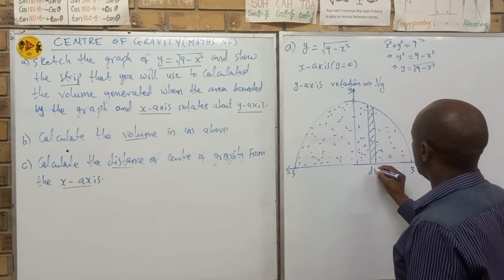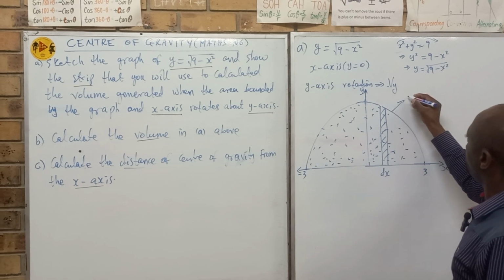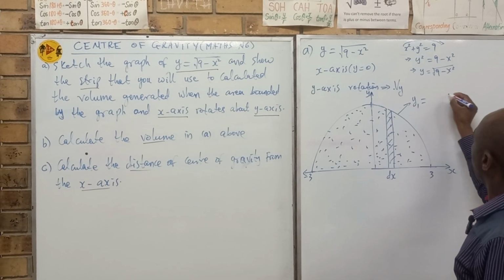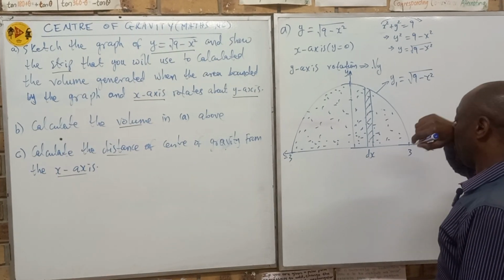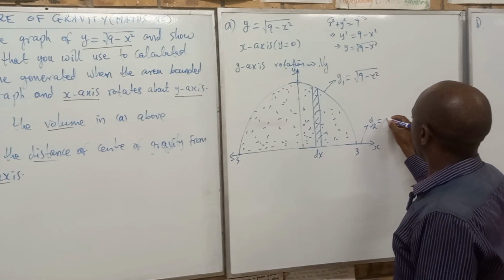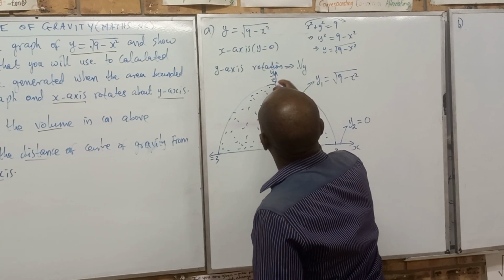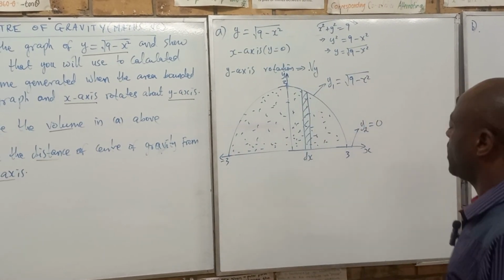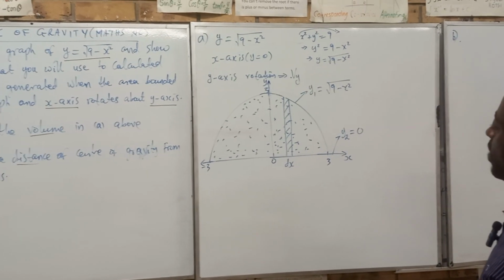So when I put a vertical strip, which tells me that the first graph passes above the strip, that's y1, which is square root of 9 minus x squared, and the second graph passes below the strip, that is y2, which is 0. And here I've forgotten that I have to put a 3. This is the origin. So I'm done with my graph.